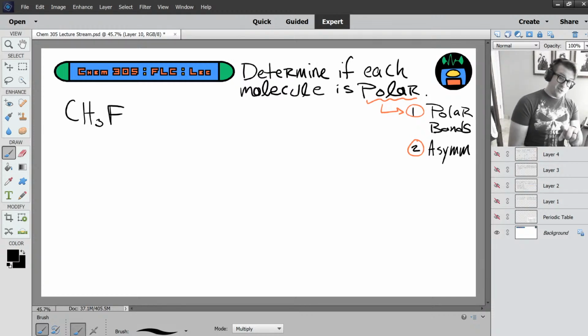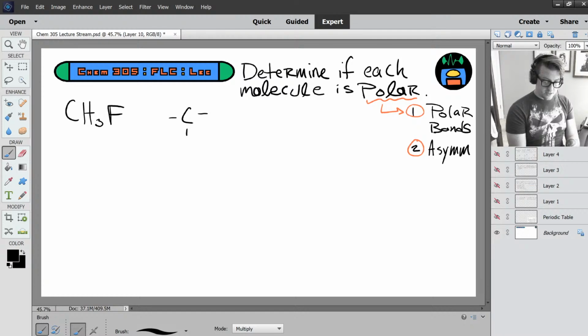Now here, if you draw the Lewis structure, we have 2 different types of bonds to look at. We have carbon-hydrogen and carbon-fluorine bonds, right? Because we want to know, are any of these bonds polar?